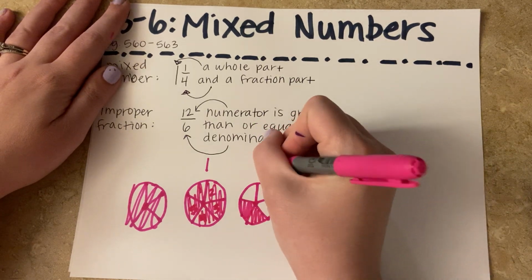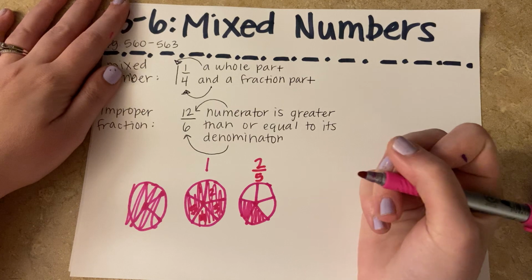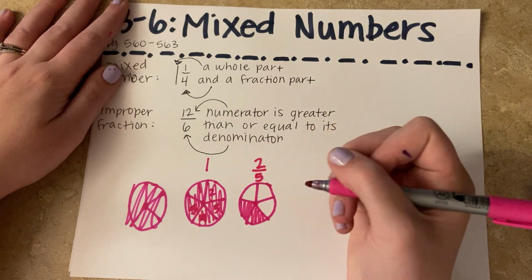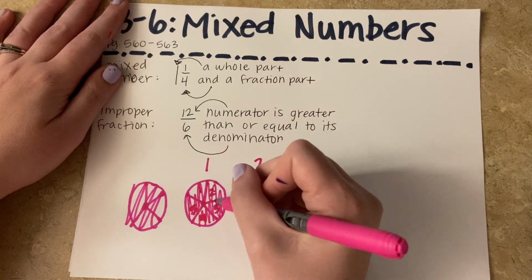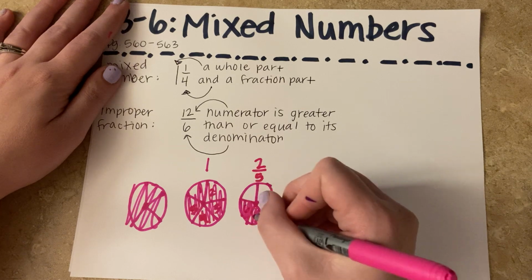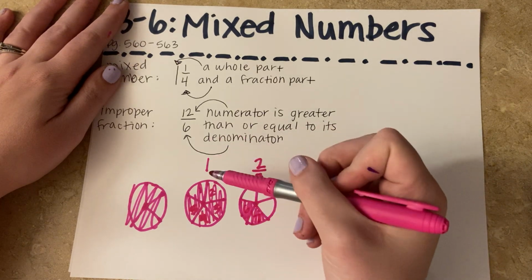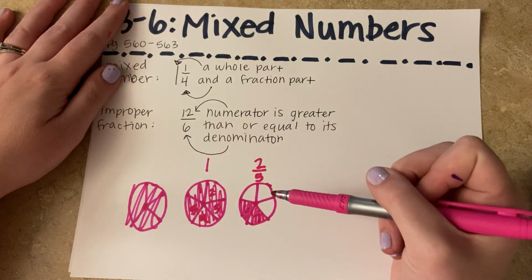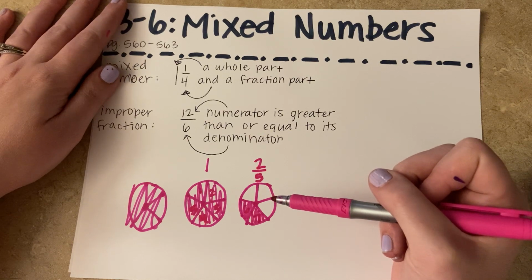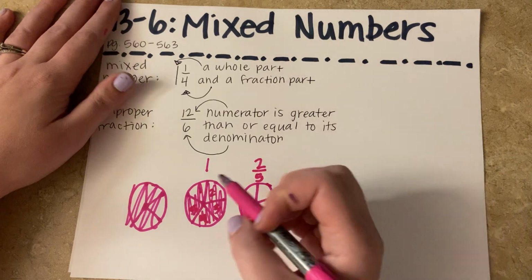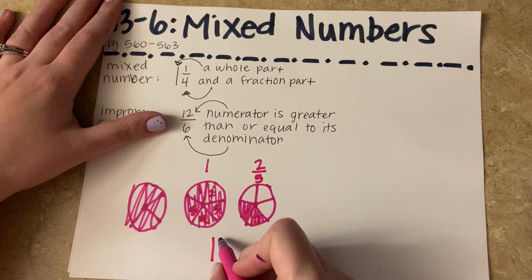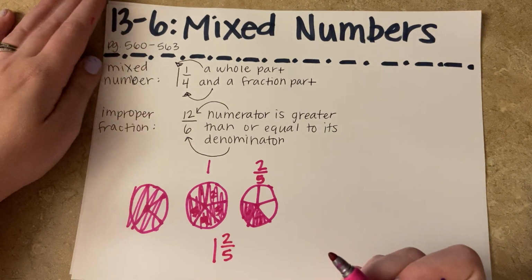Well, I have 2 of 5 shaded, right? 2/5 shaded. So that means I have 1, 2, 3, 4, 5, 6, 7 slices. That means I have 1 whole and 2 more fifths of a pie. Okay, so that's a mixed number because I have 1 whole part and a fraction part.